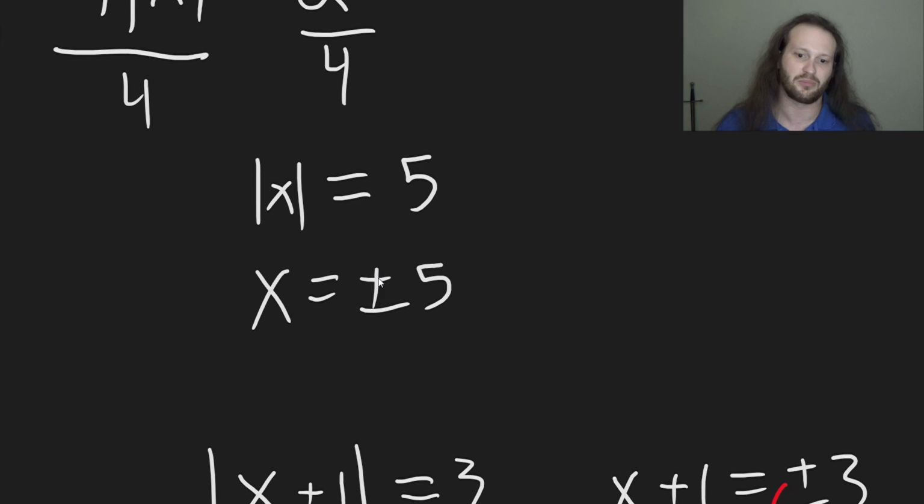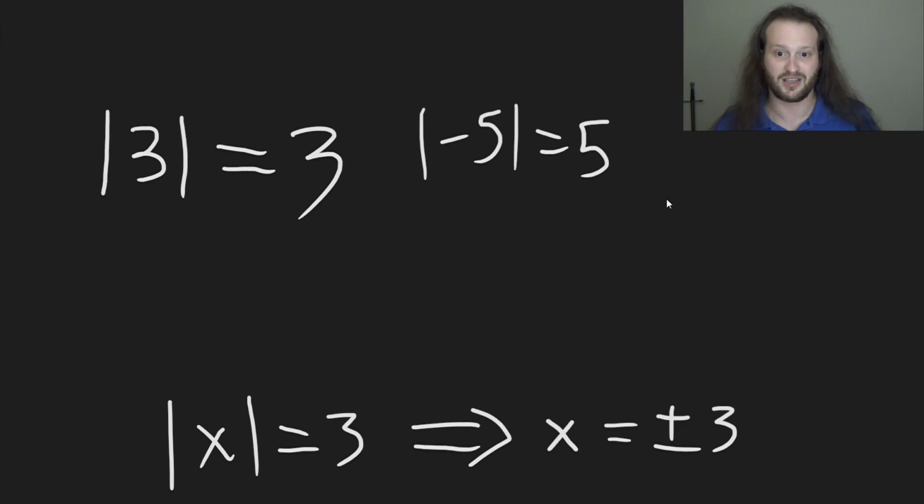The answer is going to be the plus and minus components of that original answer. But that was based on the fact that that original answer itself was positive, because this was the definition of the absolute value, that whatever you plug into it, you make it positive.